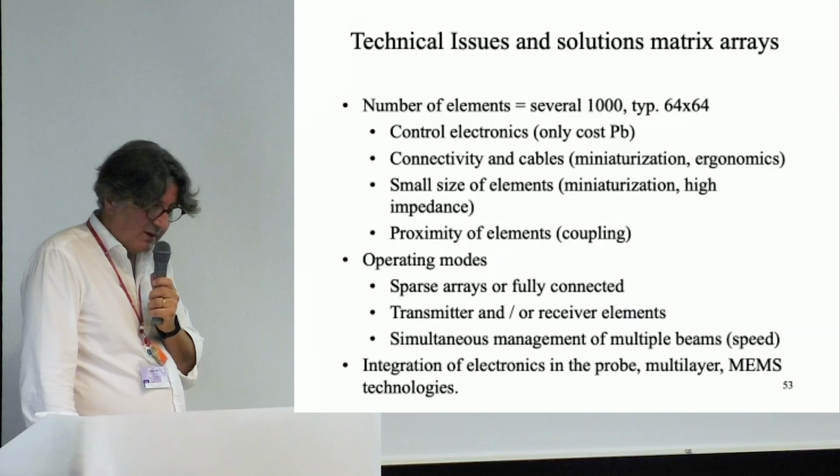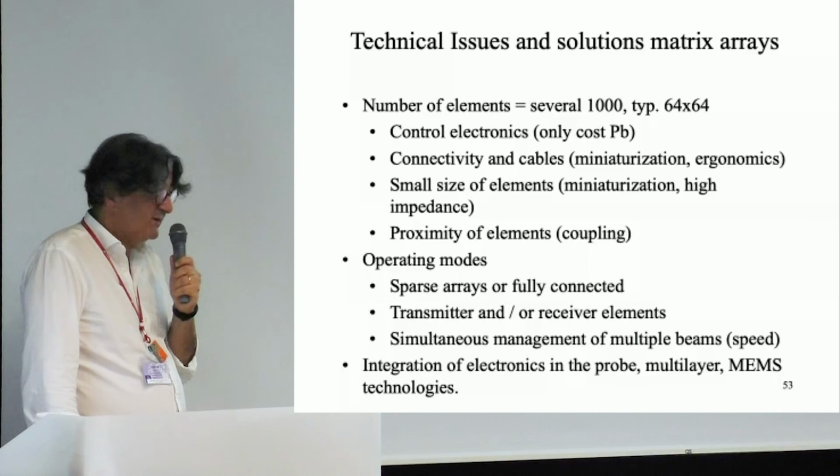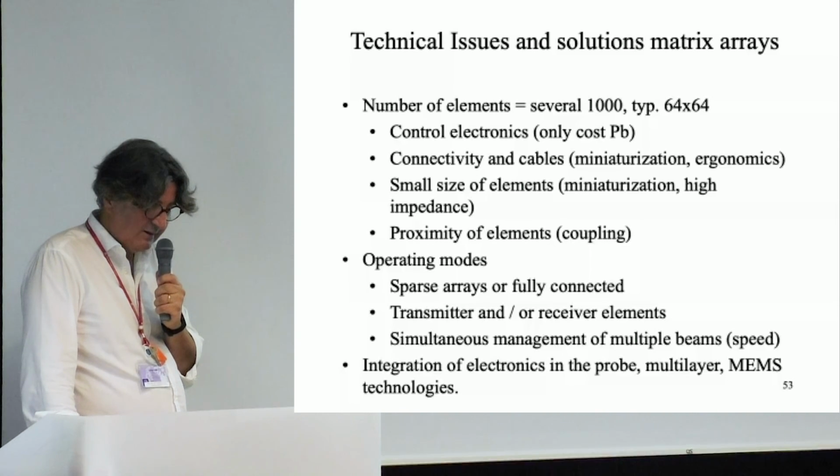What are the technical issues for matrix arrays? The number of elements is very high, which affects the control electronics and the various operating modes. So people are using either sparse arrays or fully connected arrays.